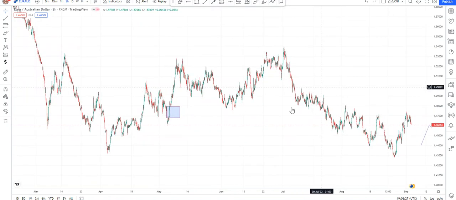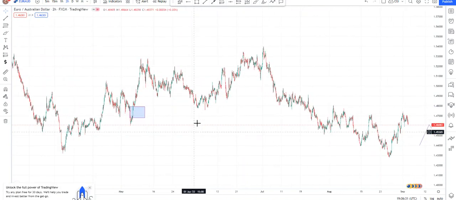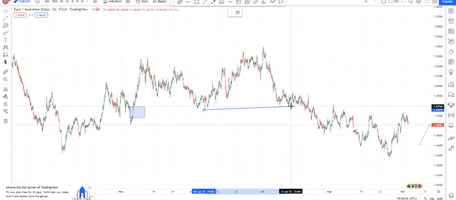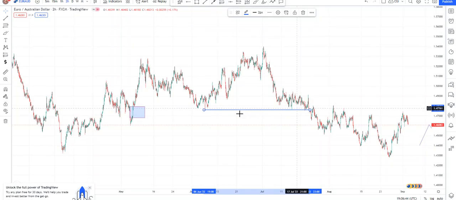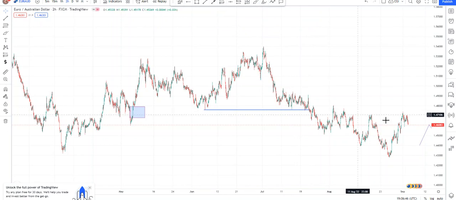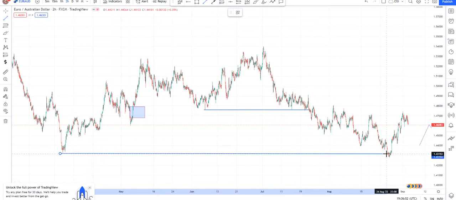I think I posted this on my status one time. In fact, that was when the price went below here, and I was saying that people should find an excuse to sell Euro AUD. I remember posting that on my status, and it later went and took out external liquidity out here in the market.